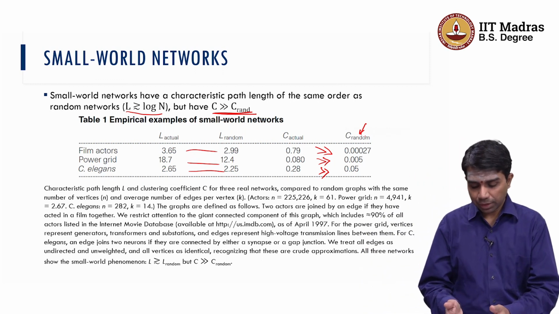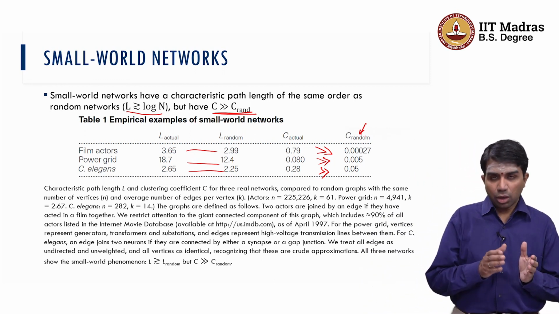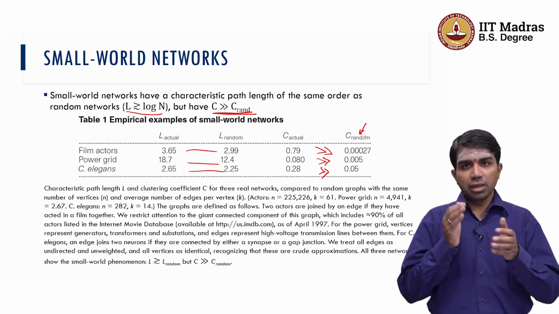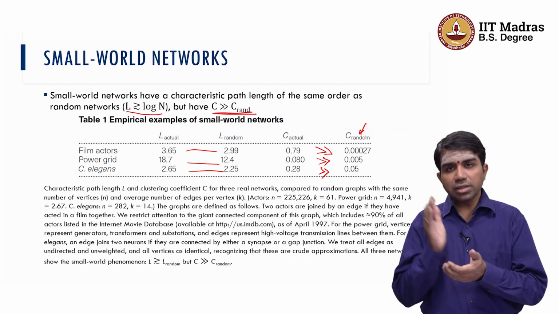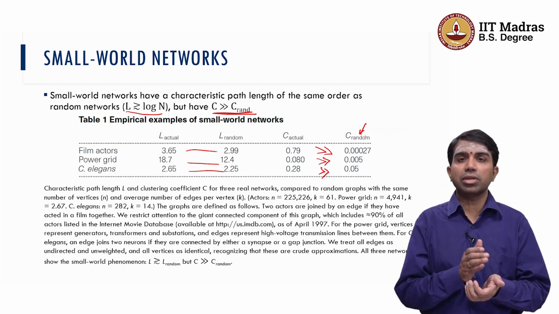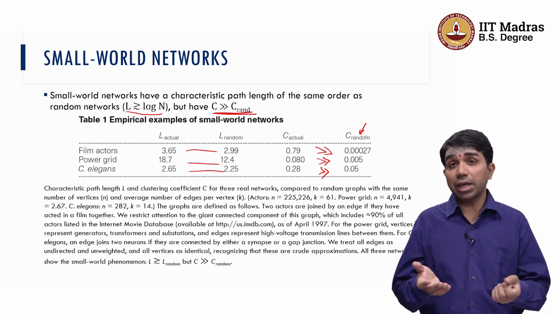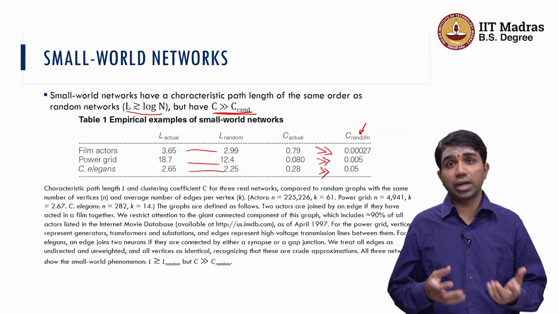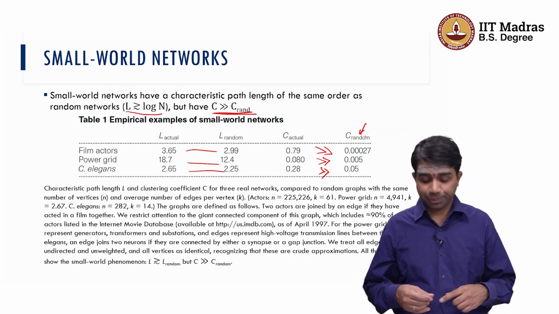So, just to repeat, how did they do the experiment? They have a bunch of real networks. Now, you generate ensembles of random networks that are comparable to these real networks, at least in terms of size and density; that is the minimum we would have.